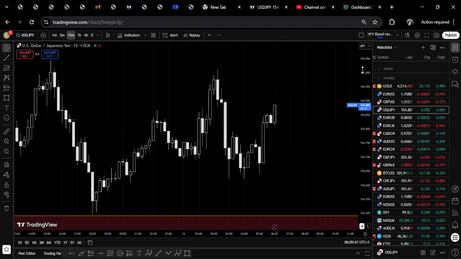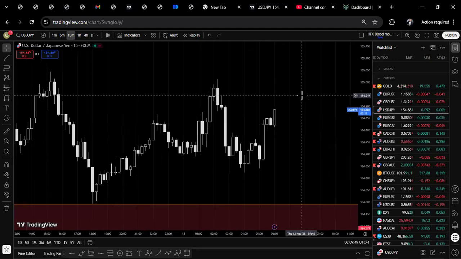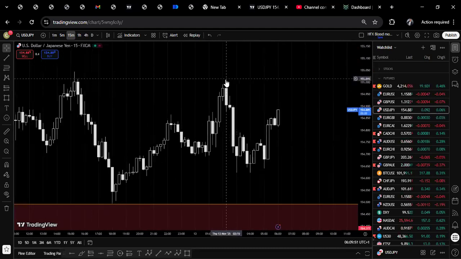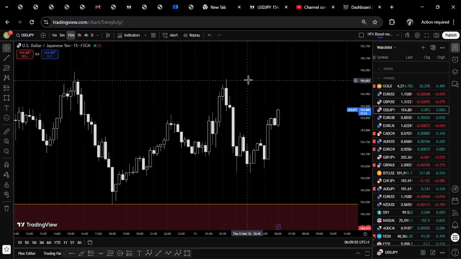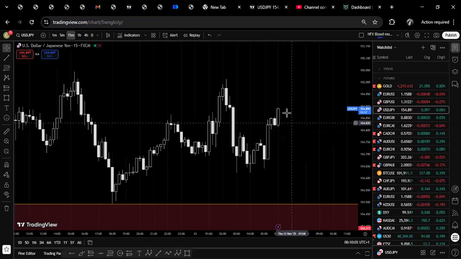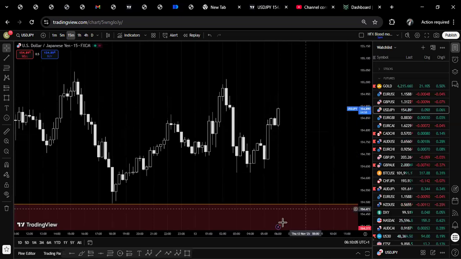So this idea might be invalid if this high is broken, right? So like I said, what you're looking for here is an opportunity not just to sell. You can either look for a sell idea here or you patiently wait for it to tap back into the zone, right?